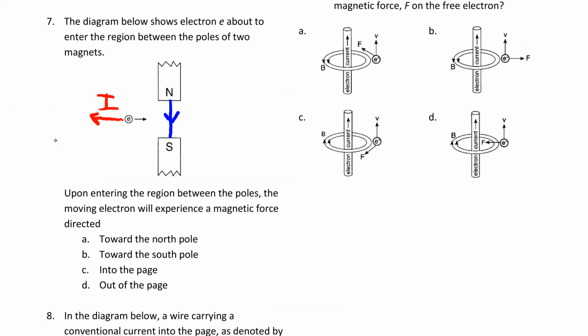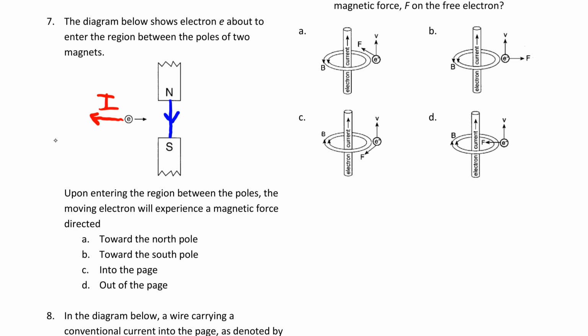So if our middle finger is pointing down, everybody point on your right hand, point your middle finger down, and then make your index finger 90 degrees to that, and point your index finger to the left, because that's where conventional current's going, opposite the electron flow.